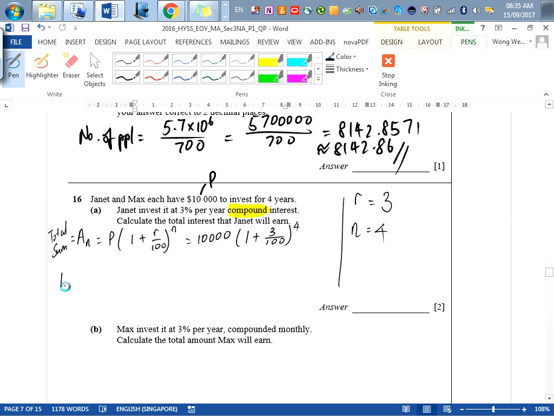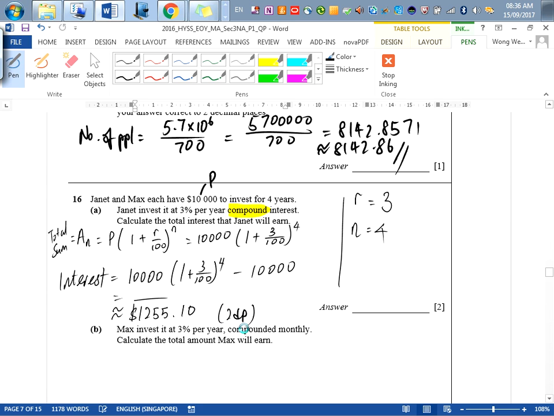So interest is equals to 10,000 times (1 plus 3 over 100) to the power of 4 minus 10,000. You will get an answer, round it off, and you will arrive at 125.10, 2 dp. Reason is because money, dollars, we can go down to the nearest cent.